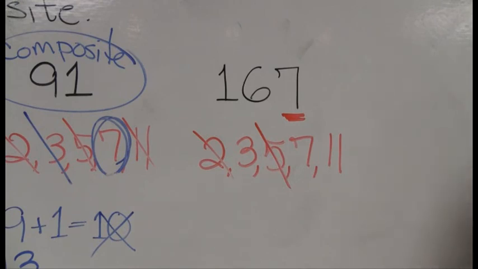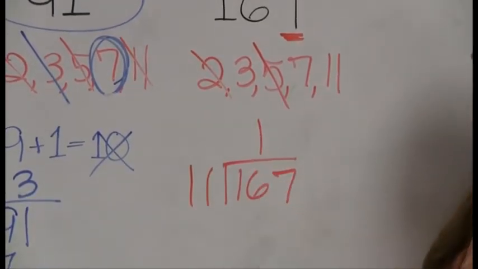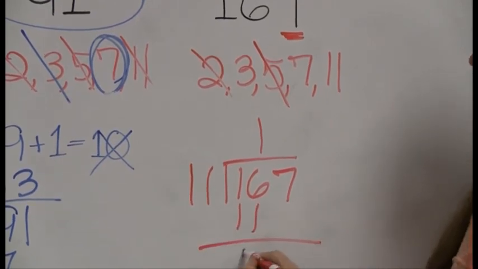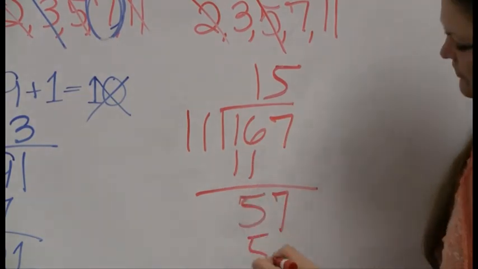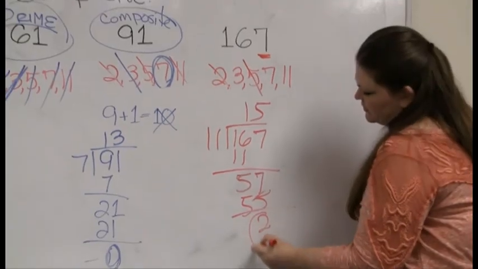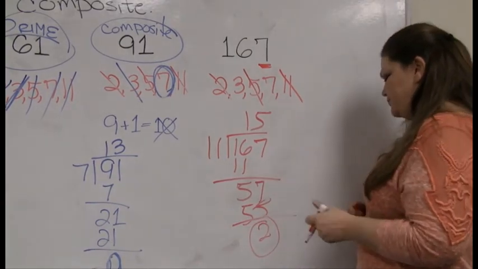My double digit trick does not work on 3-digit numbers, guys, so I've got to check. 11 into 167. 11 goes into 16 once, with a remainder of 5. 11 does not go into 57 perfectly. I've got a remainder here, and so the answer to that is no.